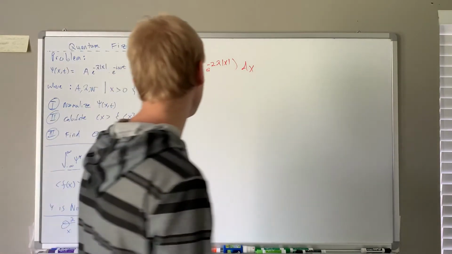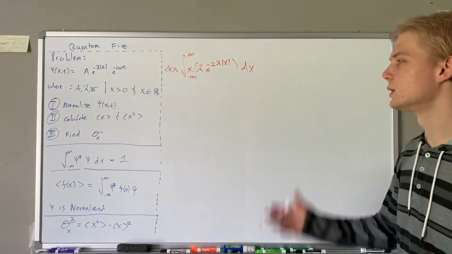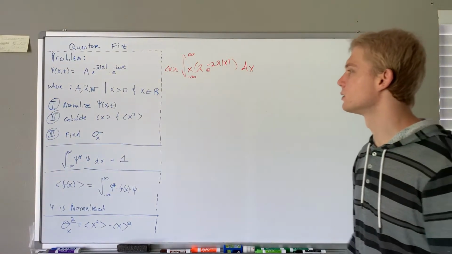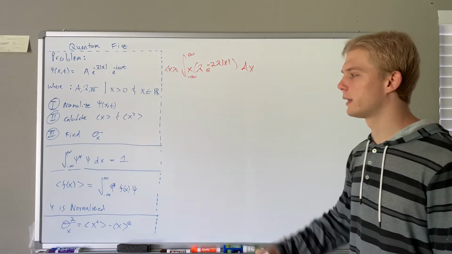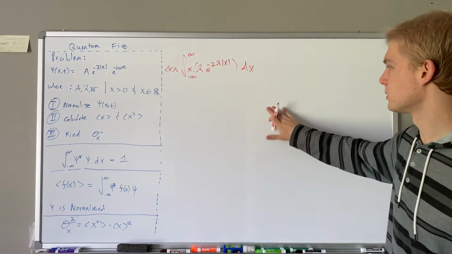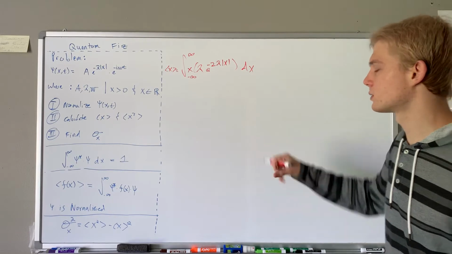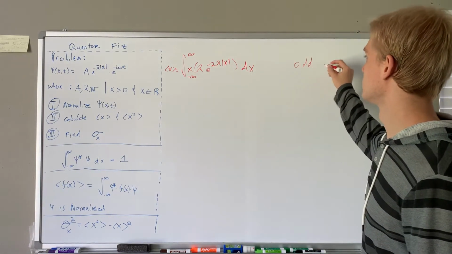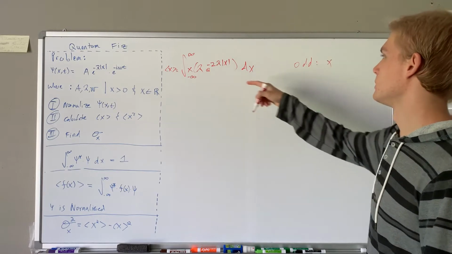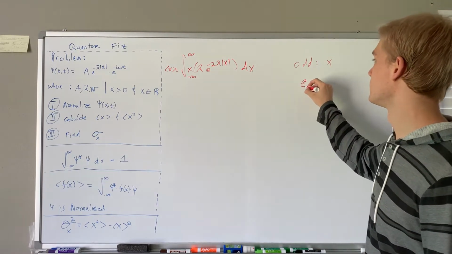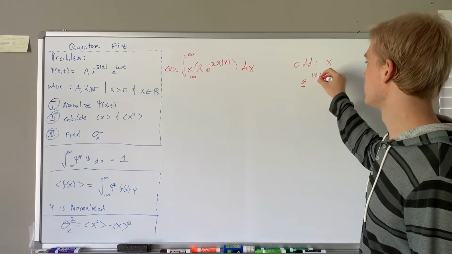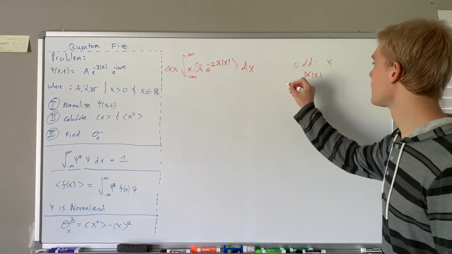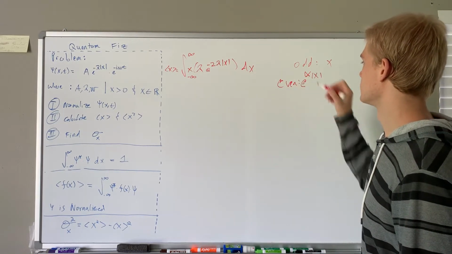Alright, so you're wondering how to integrate this one, but in this case you don't have to worry about solving the integral, because it ends up being an odd function, x, times e to the absolute value of x times something, which is an even function.